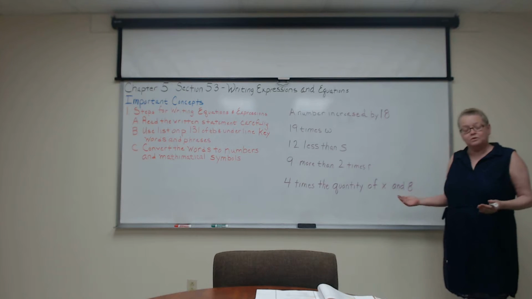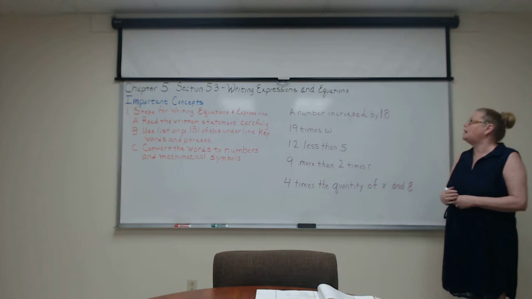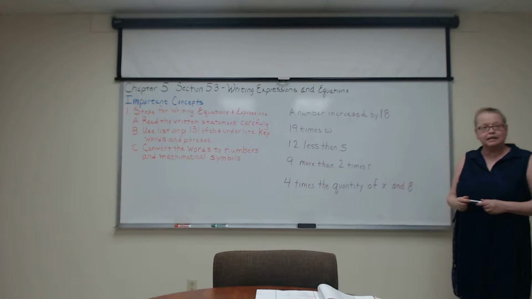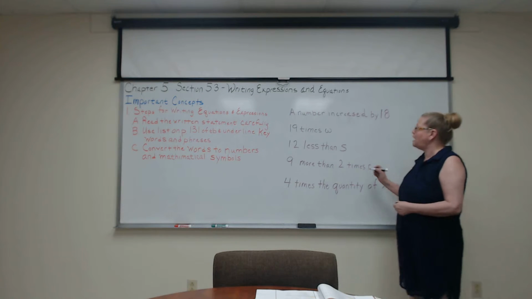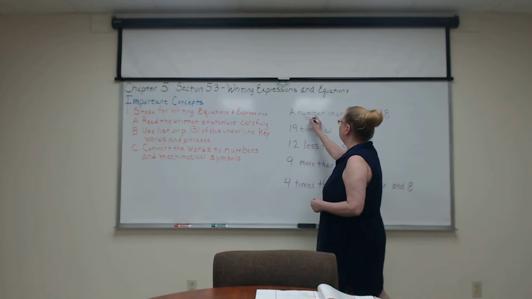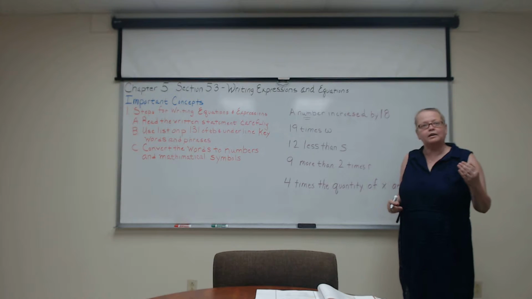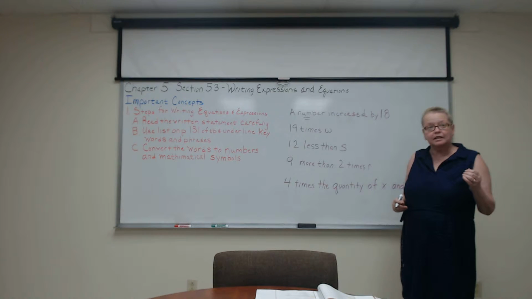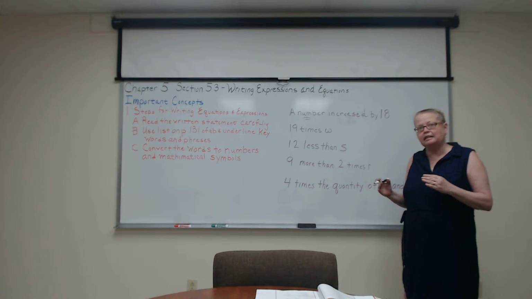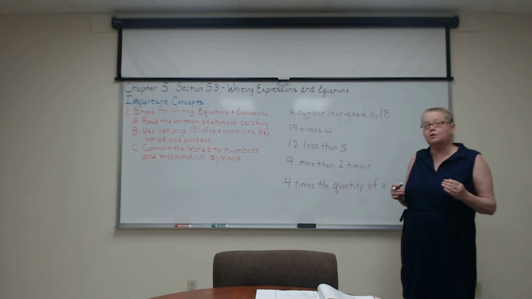So here's a sample problem. A number increased by 18. Let's go ahead and underline some of those key phrases. So we have a number. We don't know what number. That's a pretty good indication when we see something that says a number, that's going to be our variable.